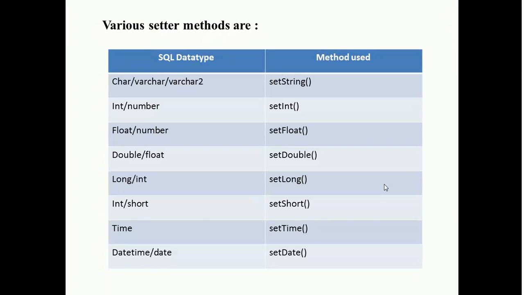Short data type, then use the setShort method. Time data type uses the setTime method, and date data type uses the setDate method. So these are some of the various setter methods.